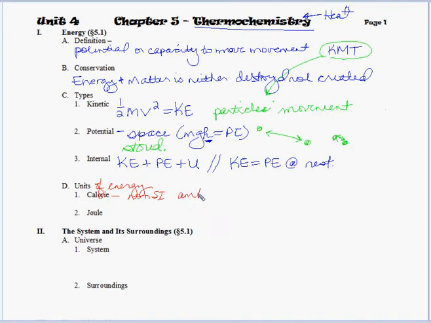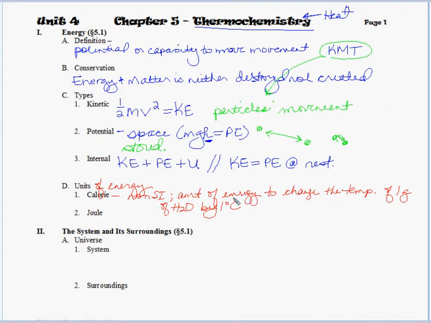So it was how much energy was required to change the temperature of a single gram of water by 1 degree Celsius.